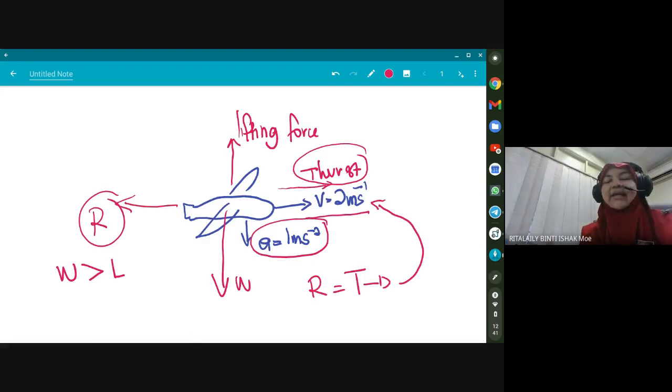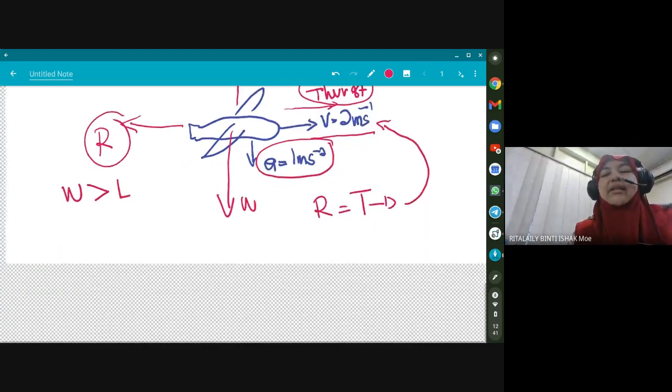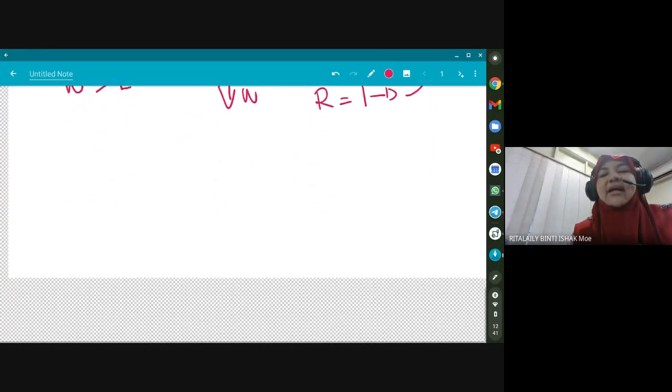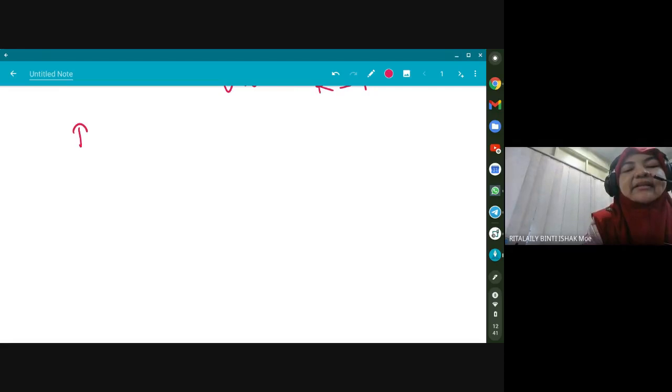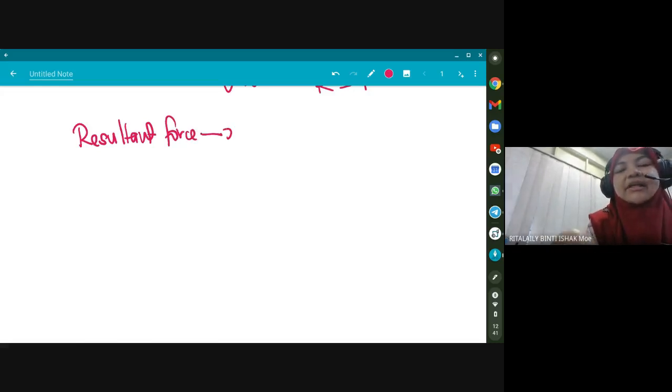Yes. Okay. So the next one is perkara yang perlu awak ingat sangat-sangat to get resultant force, or to calculate resultant force, kita combine parallel forces sahaja.